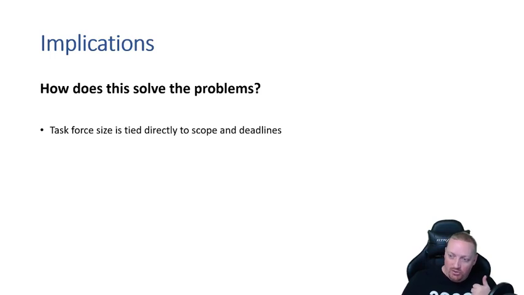Well, you can now size your task forces directly to the scope and the deadlines, right? One of the biggest problems that we face, and there's this well-known, I don't know what you call it, allegory. It's not really an allegory, but essentially every developer you add to a project that's in process adds time, extending how long it's going to take to finish, right?